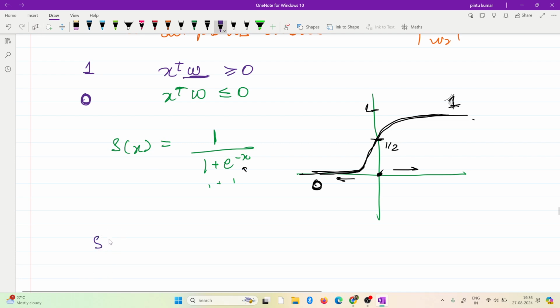If we calculate S of X transpose W, what is it? This is 1 divided by 1 plus e to the power minus X transpose W, right?